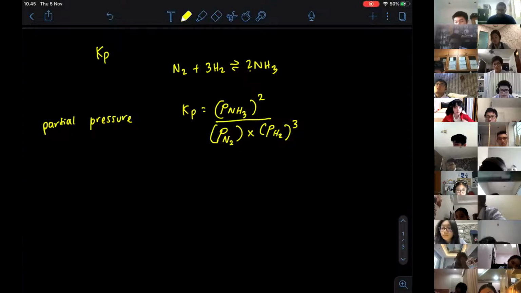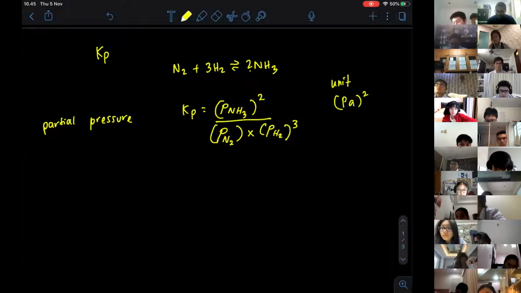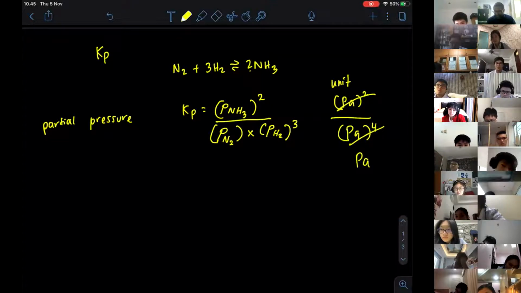So when it comes to unit, it's the same thing as Kc. Let's say if I'm using pascal, pascal to the power of 2 divided by pascal to the power of 4. Okay, you cancel and cancel. Pascal to 1 divided by pascal to the power of 2. So this is going to be the unit. Okay, same way for Kc.